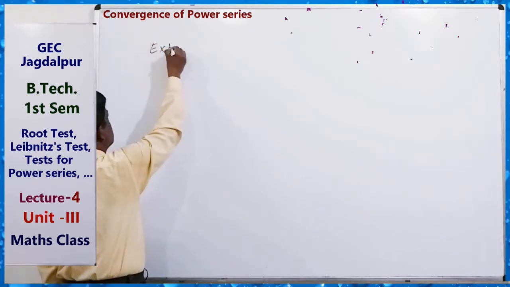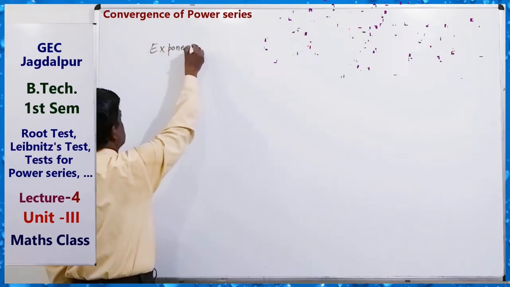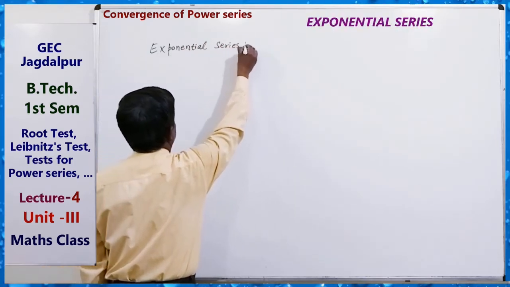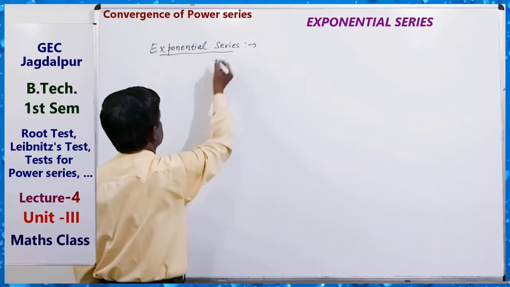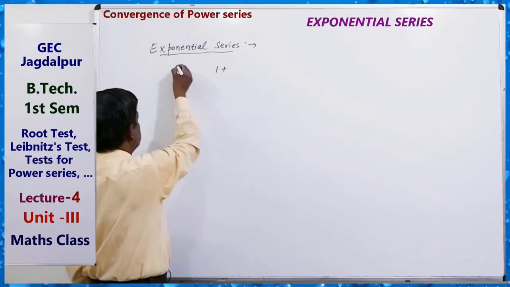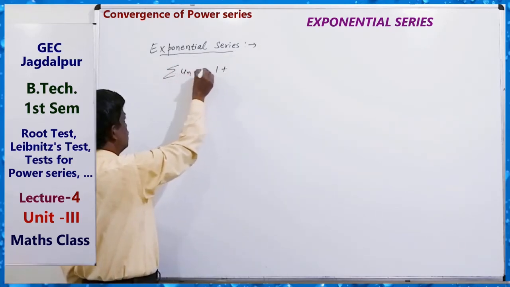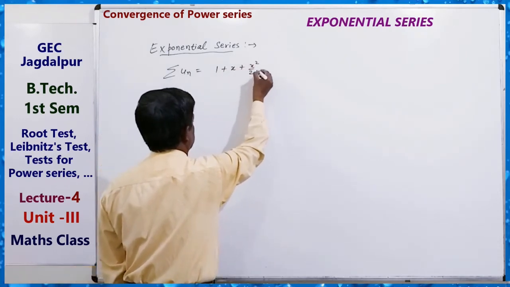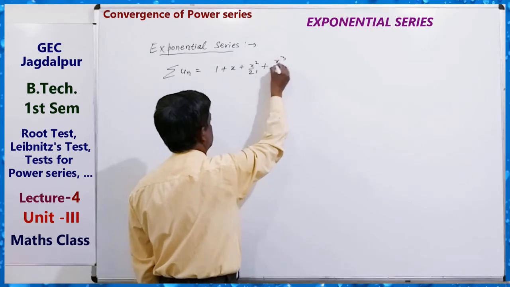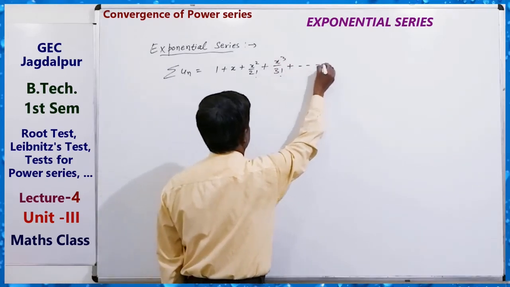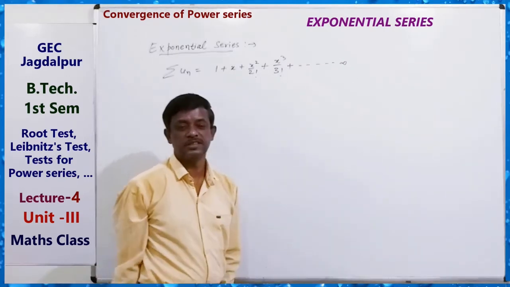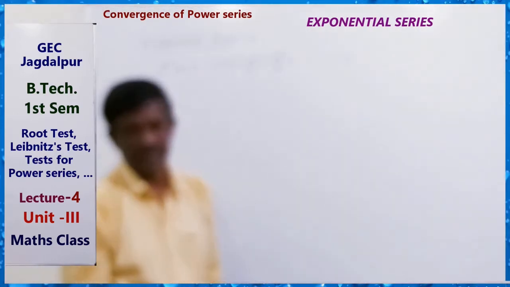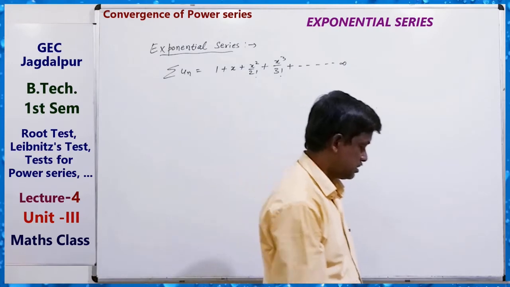Okay. So here, exponential series. We know summation u(n) equals 1 plus x plus x square by 2 factorial plus x cube by 3 factorial. This is the exponential series, so it is also a power series. So what is the interval of convergence of this series?